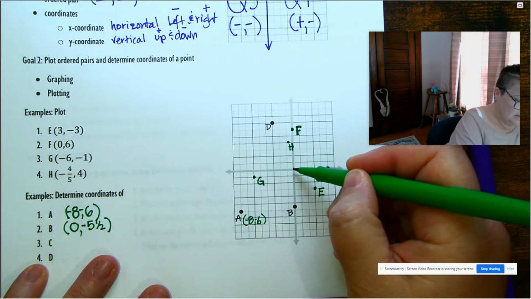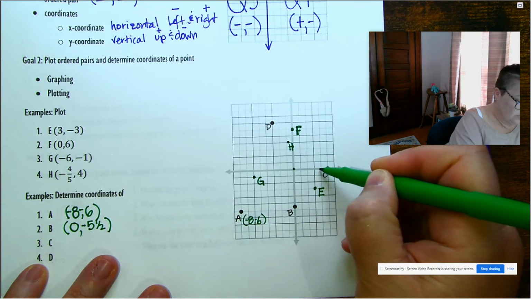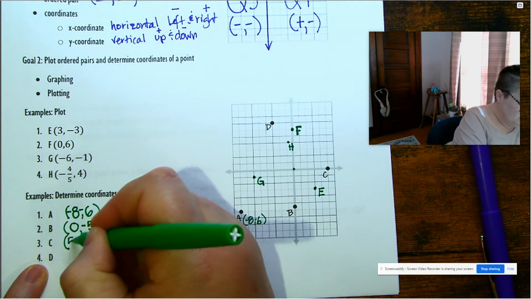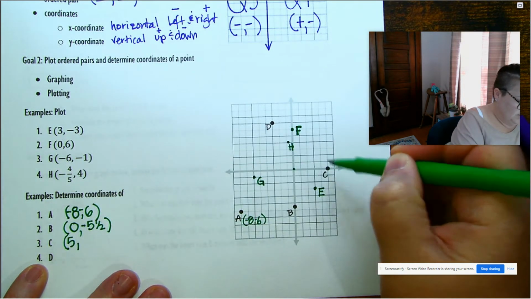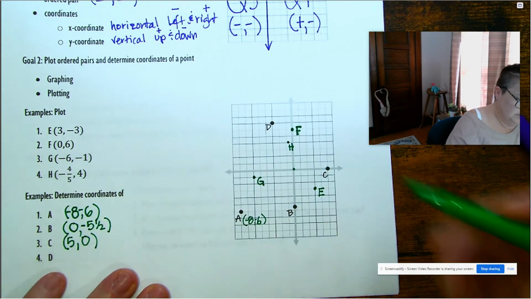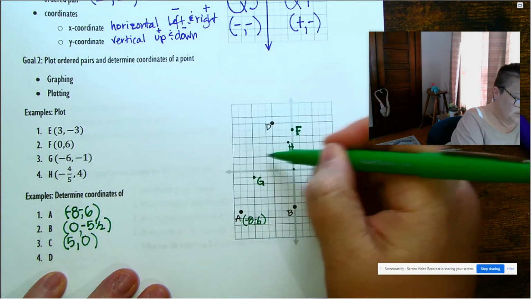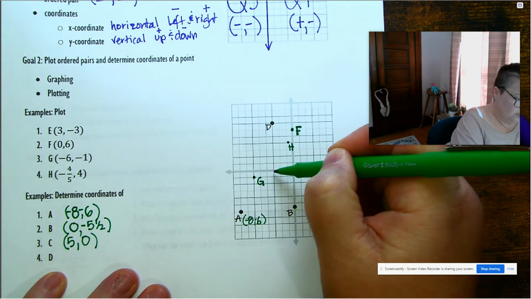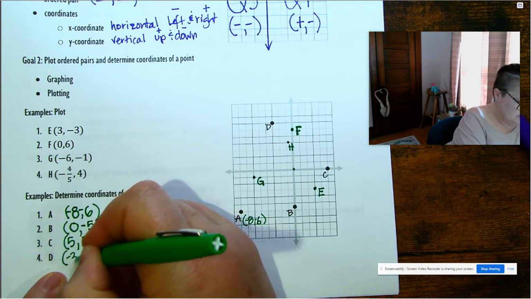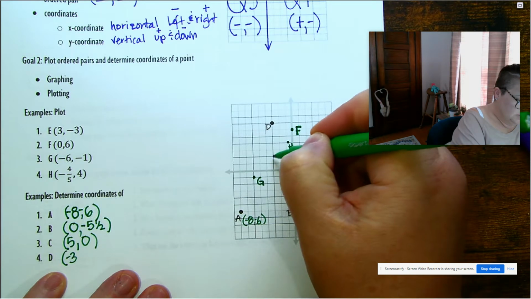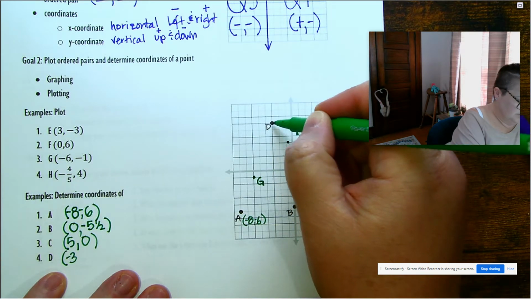Point C is 1, 2, 3, 4, 5, or 5 over. And then it's not moving up or down, so that's a 0. Point D is in quadrant 2, and I'm going to go back 3. And then up 1, 2, 3, 4, 5, 6, 7.